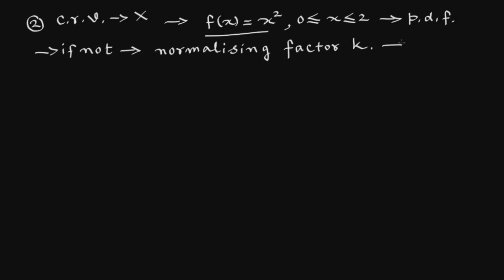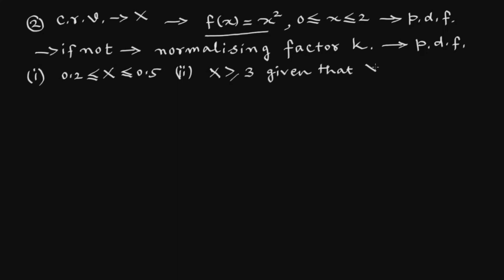And once the function becomes a probability density function, we have to find the probability of the continuous random variable x when it is between 0.2 and 0.5. And secondly, we have to find the probability when x is greater than or equal to 3 upon 4, given that x is greater than or equal to half.